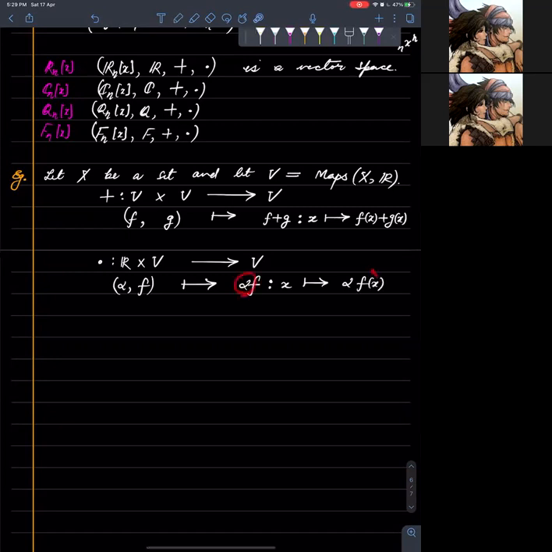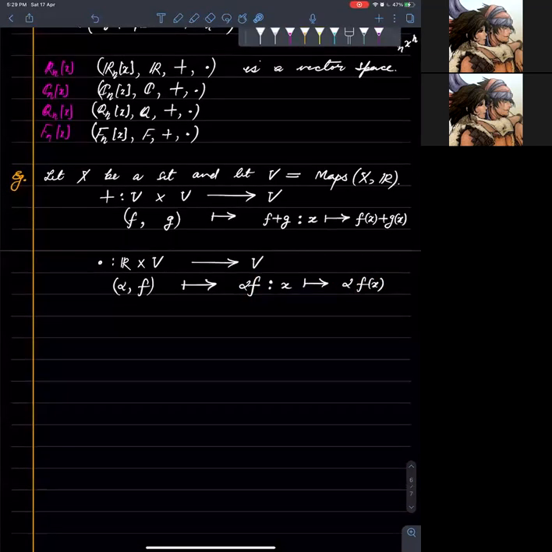Alpha is a real number, f(x) is a real number. We have just multiplied these two real numbers. Oh no, I shouldn't call it point-wise multiplication. That means something else. This is how we scale a function. And again, one can check that this is a vector space.